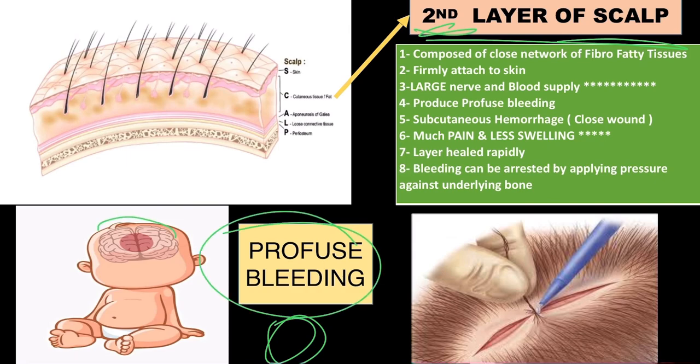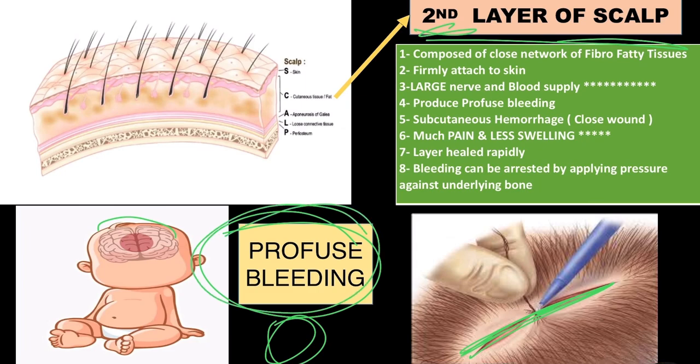So it results in profuse bleeding, and it is corrected by stitching. This is a minor scalp injury. The bleeding can be prevented by pressure against the underlying bone. So only this much you need to learn here.